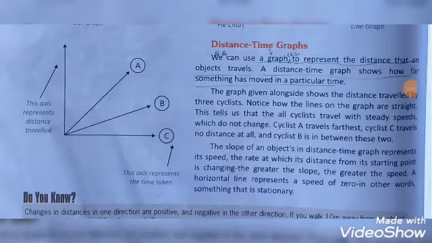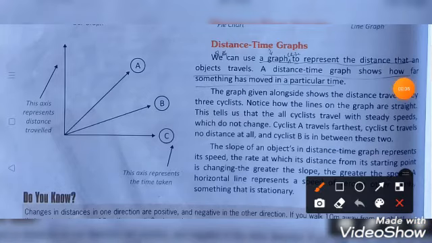Now let us see the distance-time graph. The distance-time graph shows the distance covered by any object like a moving car, and at the same time it also shows the time taken.